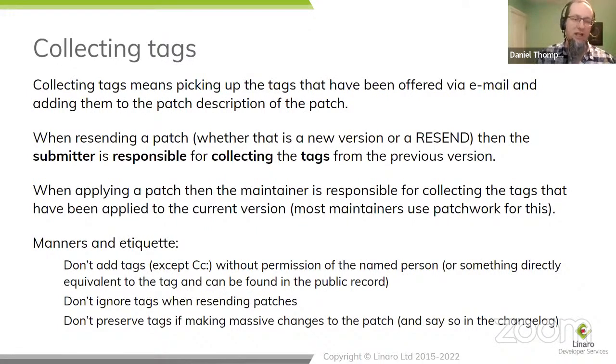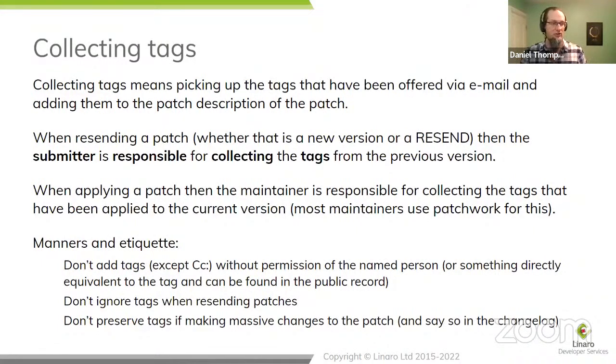So it's important etiquette to remember to collect the tags, but there is the opposite etiquette as well, which is that if you make a massive invasive change to your patch that substantially changes the way it works, you should not preserve tags when you make such big changes. So making minor changes and reacting to most review feedback is okay. But if you were to drop in a whole new algorithm or change the name of all the functions, or make significant changes, you should not preserve reviewed-by tags across that boundary.